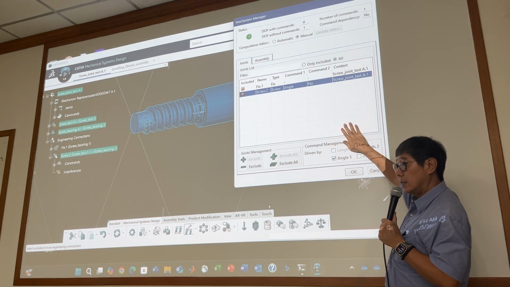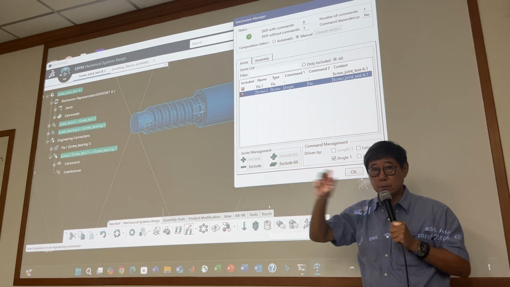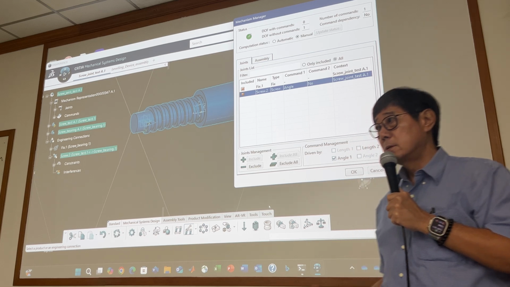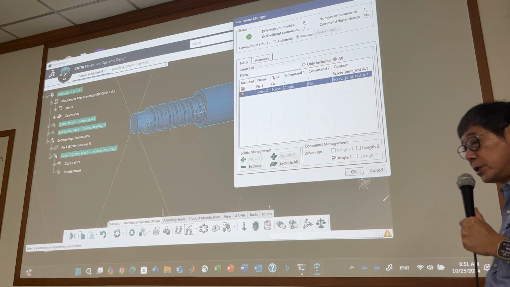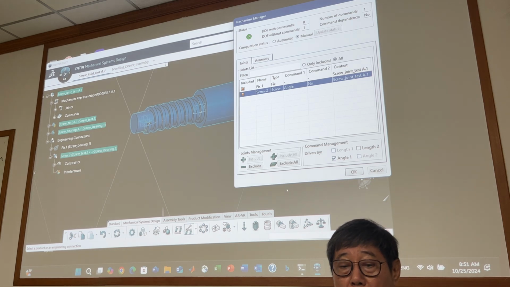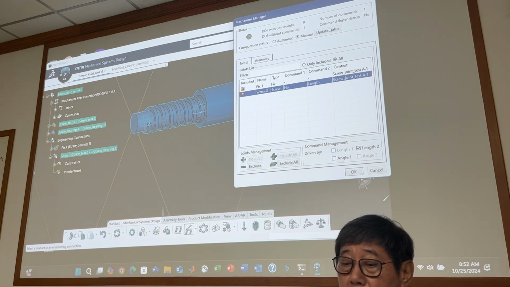I uncheck this one because we have a relationship in the screw, right? So I uncheck that one. Okay, you can change anyway. If you say I want the input to be length, you can change this one. See, update.